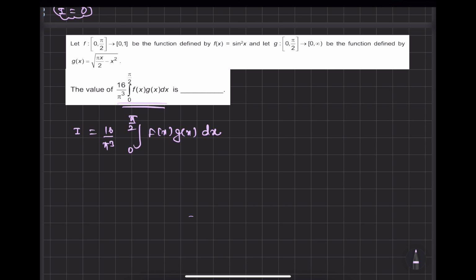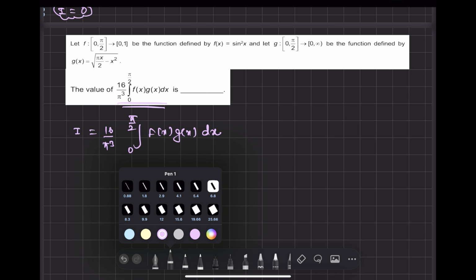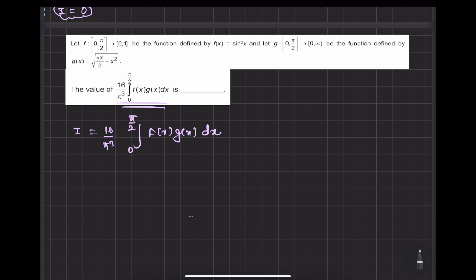Now I will apply the papa property, the King's rule. Look at this, try to understand. 16 by pi cube, I will write first thing first. I am not applying the papa property right now, for the time being I am waiting. So it is sine square x and then g of x. This is your equation 1.